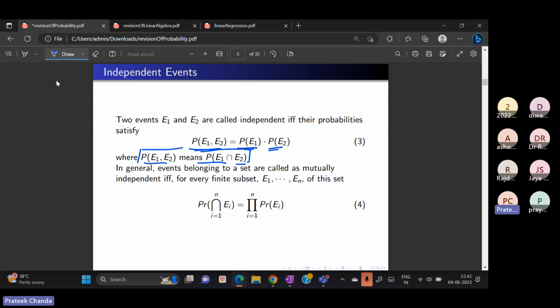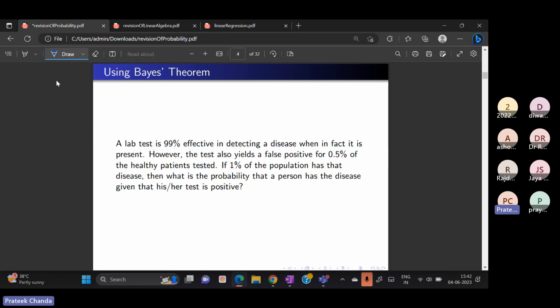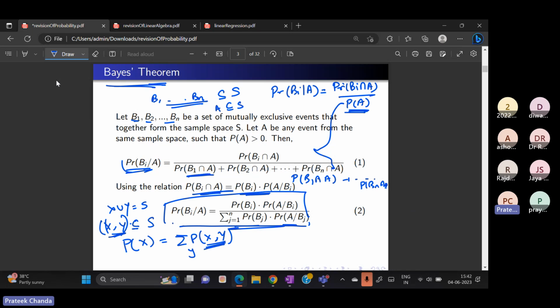This is what we also discussed at the top, where P of y is basically P of x, y summed over all the b_i, with x comma b_i. The same holds here.